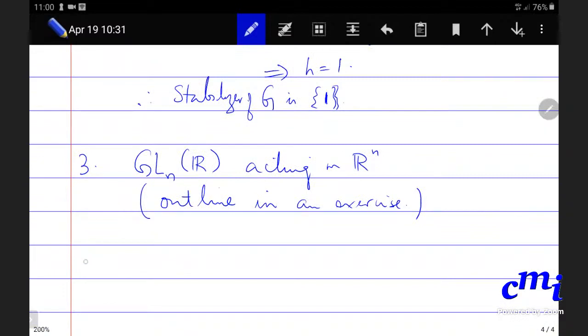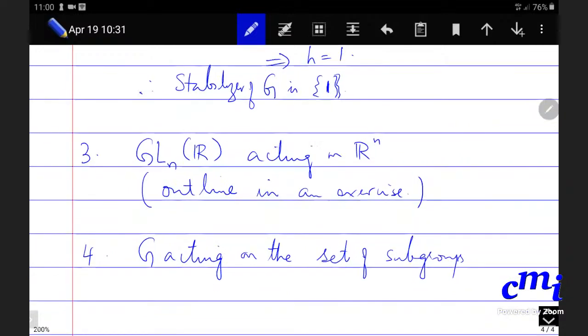Next, G acting on the set of subgroups. Let H be a subgroup, and G act by conjugation.